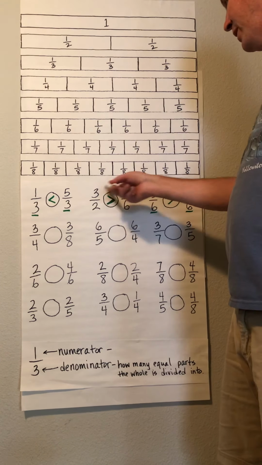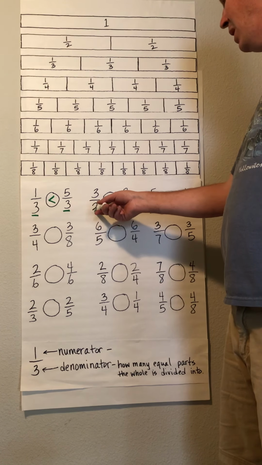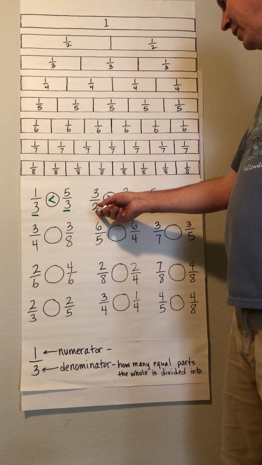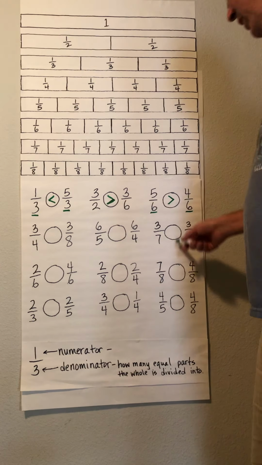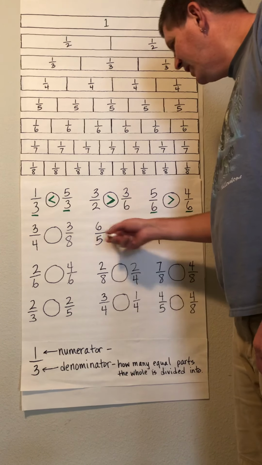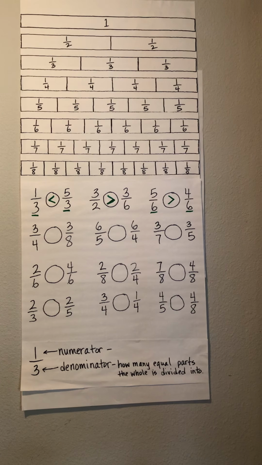If the numerators are the same, then the fraction with the smaller denominator is greater. Okay? So, 1, 2, 3, 4, 5, 6, 7, 8, 9. Go ahead and pause the video, copy these down, and resume playing the video when you are done.